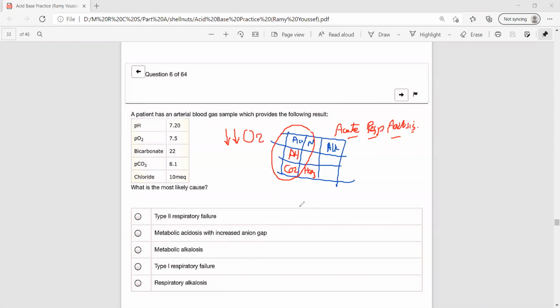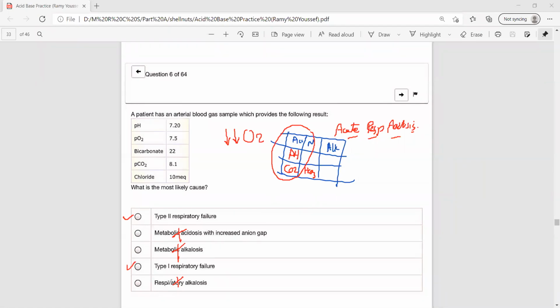So what can it be? Is it respiratory alkalosis? No. Metabolic alkalosis? No. Metabolic acidosis? No. So it is this or this.